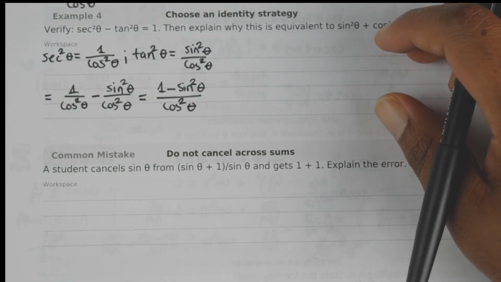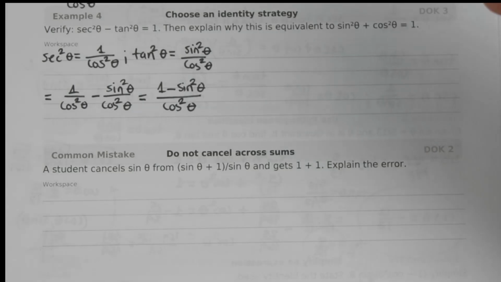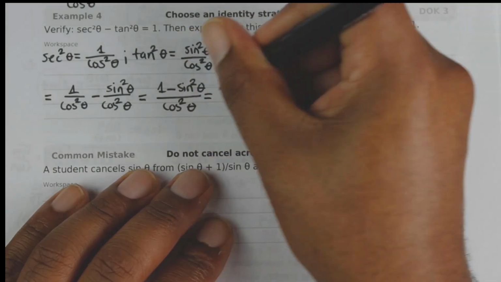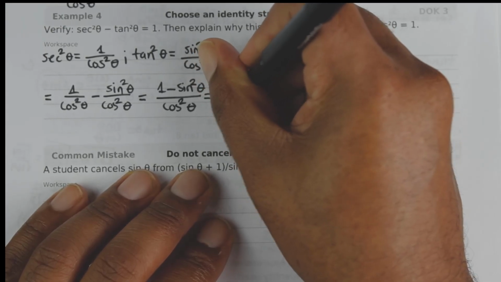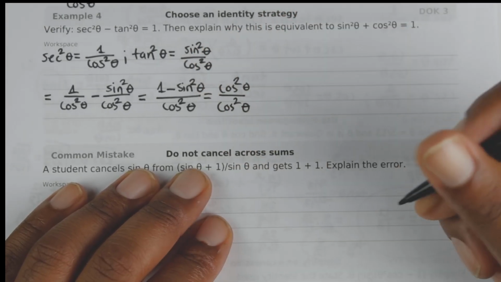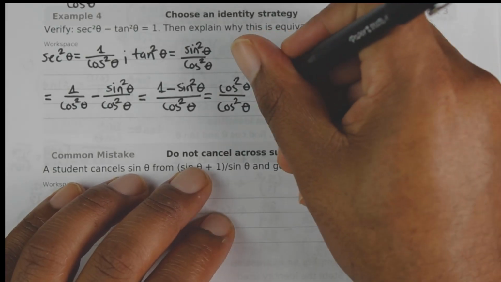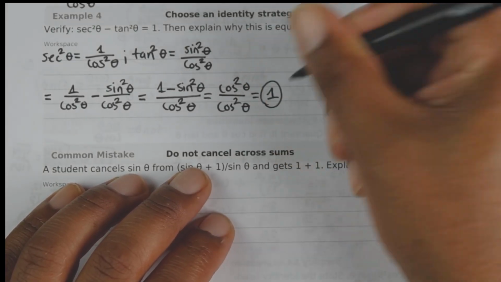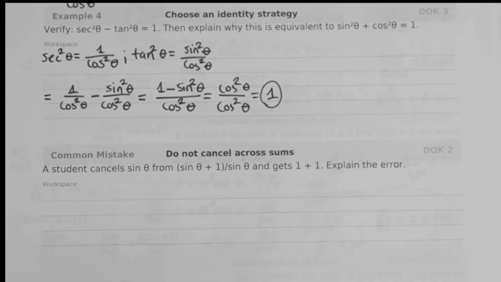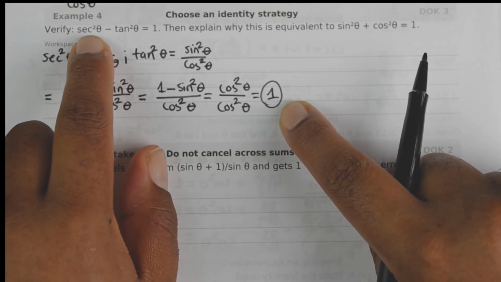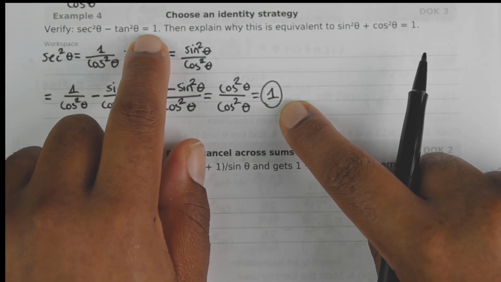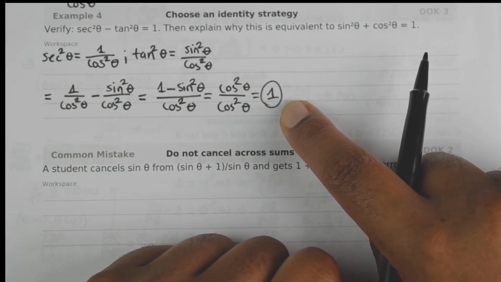Okay. So I can replace the numerator with cosine squared theta. That would be cosine squared theta in the denominator. What does that simplify to? 1. So we have verified that secant squared theta minus tan squared theta is equal to 1 by computing this.